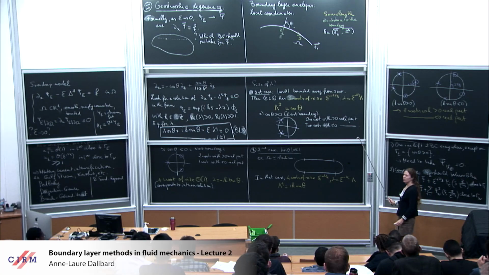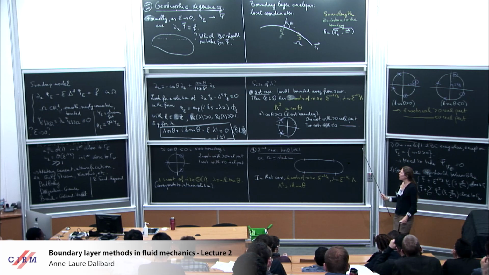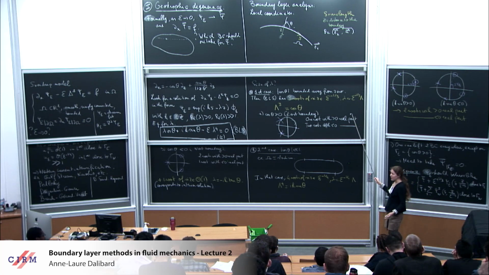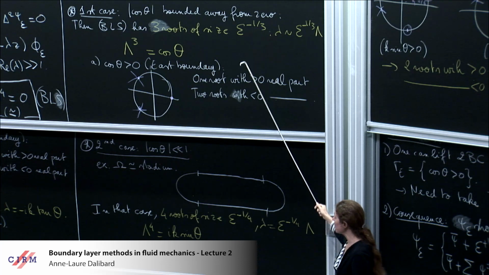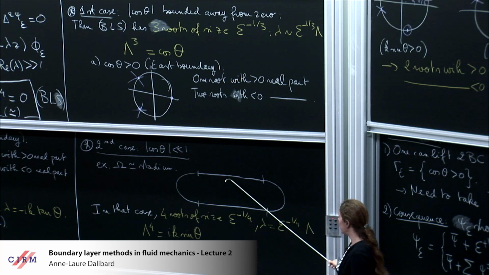So here you remember that my condition for non-degeneracy was that the power I found for the boundary layer sizes should not depend on the frequency, or on the portion of the boundary that you're considering, let's say on your point in the phase space. Here, this is precisely a situation where this doesn't occur, because when you are close to the eastern or western boundary, your power is -1/3, and when you are close to the southern and northern boundary, it becomes -1/4.